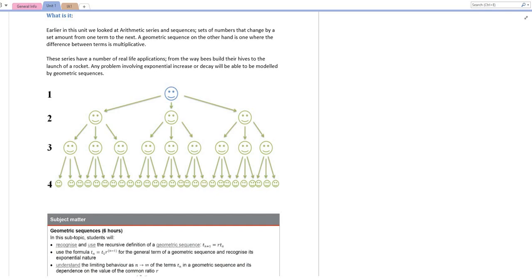The third thing you need to bring to every lesson is your workbook. Yes, it is on the OneNote. Yes, the lesson is recorded. But you need to be getting the notes down. The fact that there's a workbook doesn't mean there's no notes to take. It means I've written out the definitions for you.